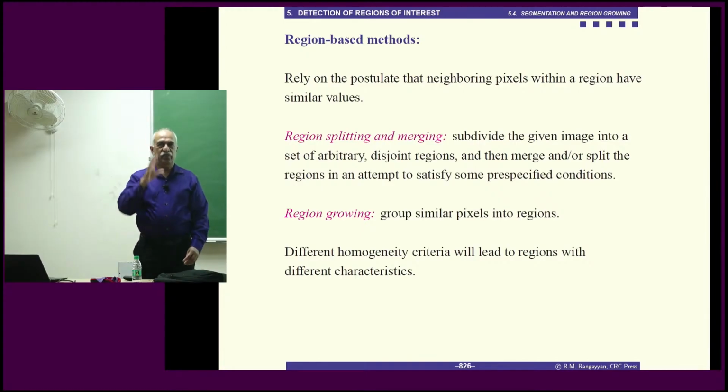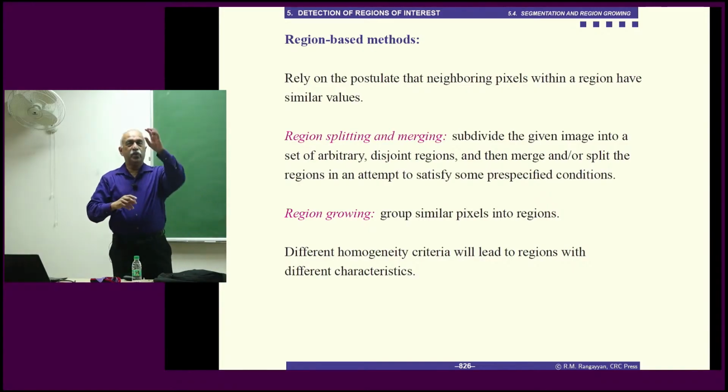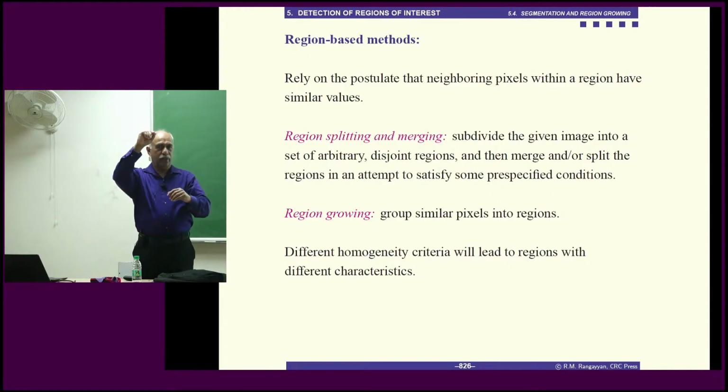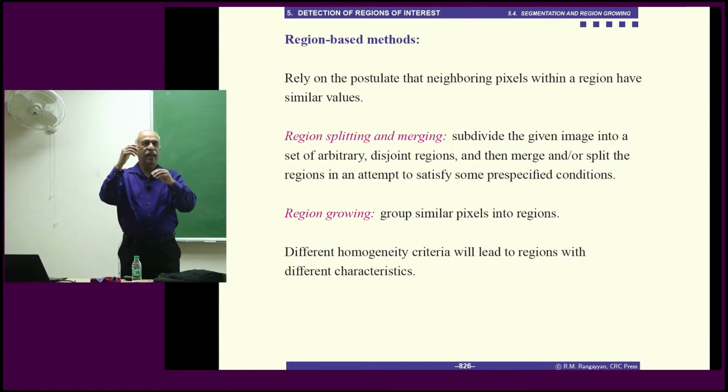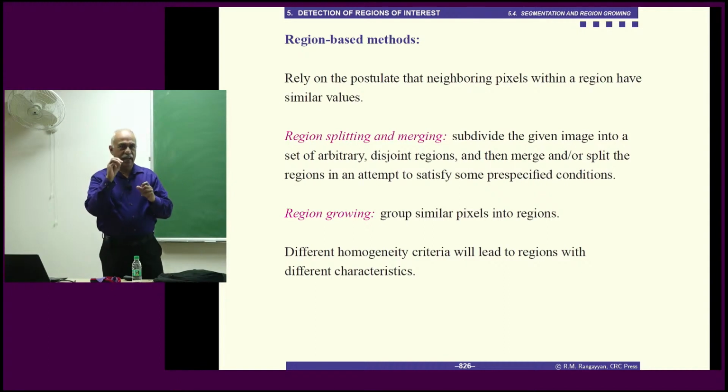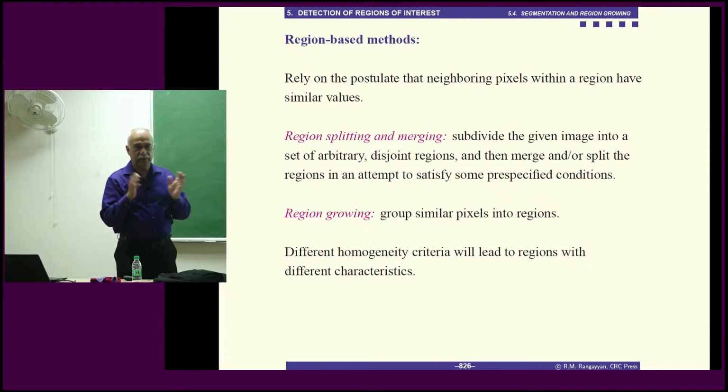Compute the variance of a quarter of the image. And if the variance is less than some threshold, you say, well, all of that is one region. If the variance is too much, then you break that further into quarters and check the variance of each of those sub-regions. And keep dividing until each region has a variance that is less than some threshold.